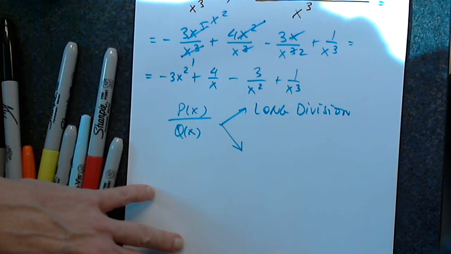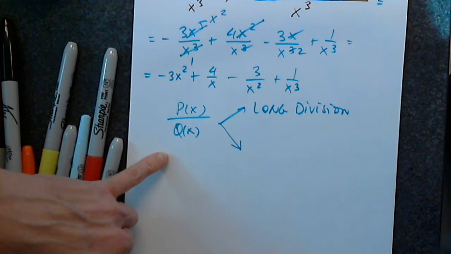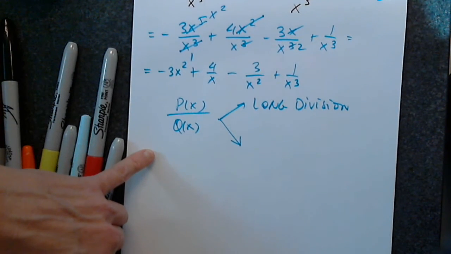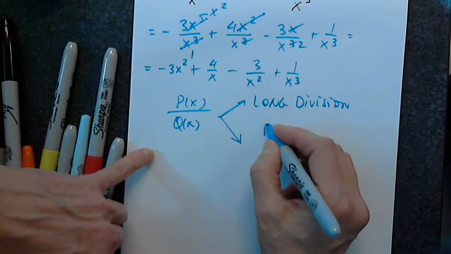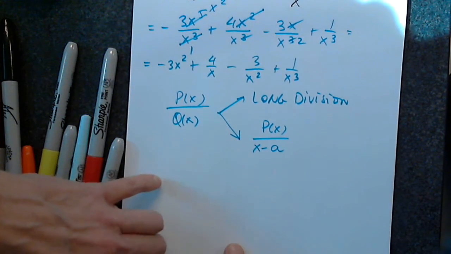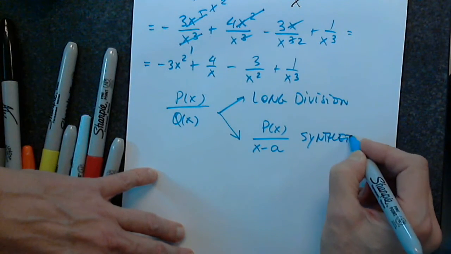The other option works only if the polynomial in the denominator, q of x, is a binomial, preferably with a leading coefficient of 1 and degree 1. So something like p of x divided by x minus a number. This is called synthetic division.